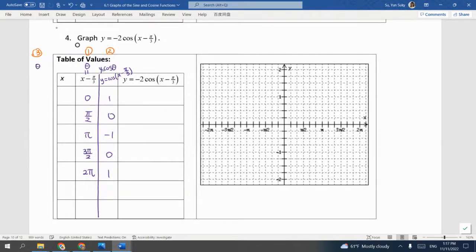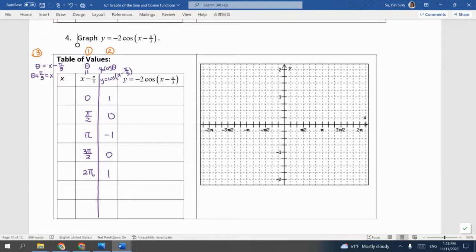See? So theta equals x minus pi over 3. Then what's x? Theta plus pi over 3. Right? So theta is x minus pi over 3. You solve for x, so you add pi over 3 on both sides. Okay.